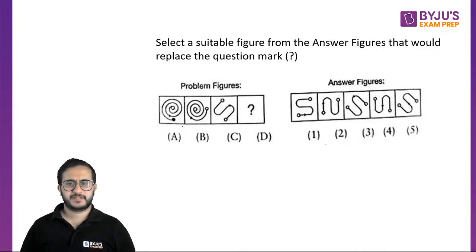See, first thing is rotation. Okay, rotation by 90 degree. This is coming this side, right? So this will be rotation by 90 degree. So this dot should come this side, and the shape remains same.